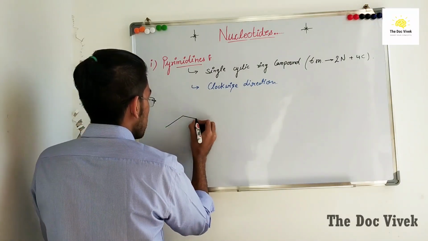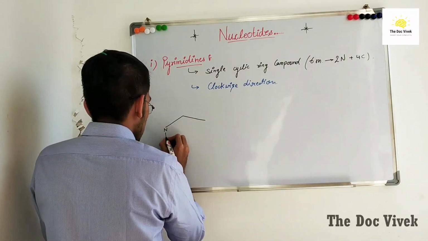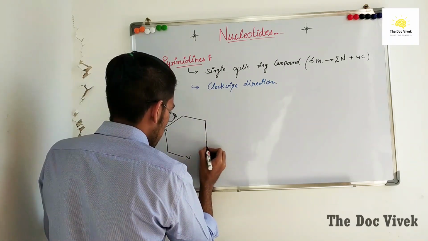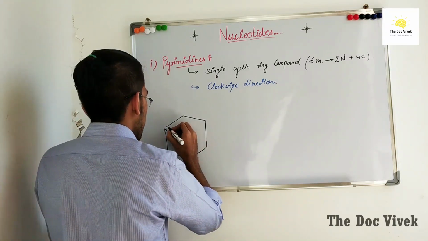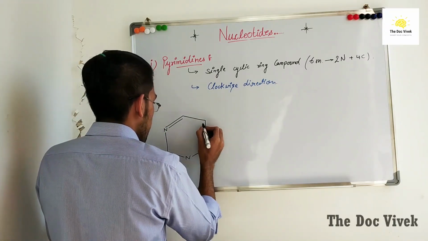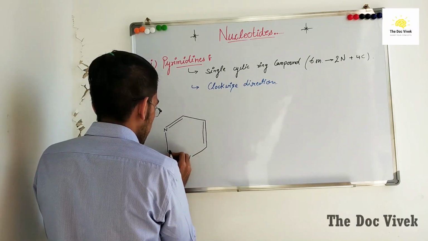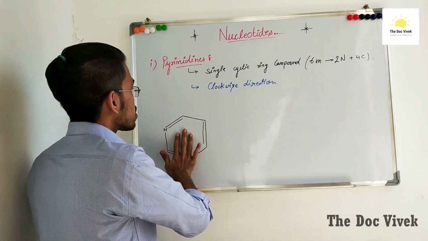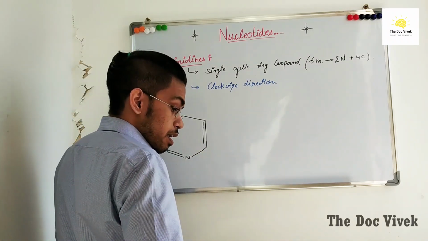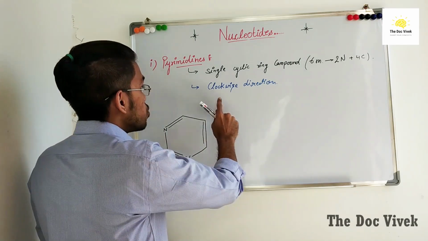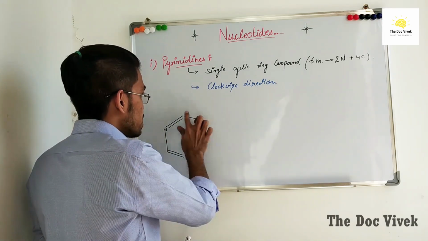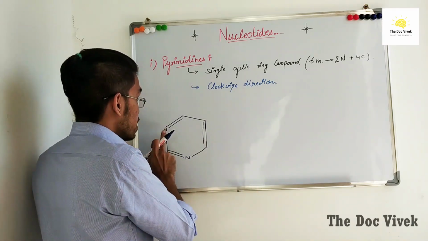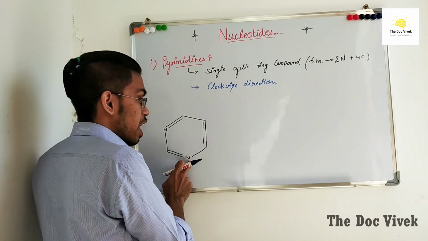This is the general structure for all pyrimidines. Now we will do numbering of all these atoms in clockwise direction, and the numbering starts from the nitrogen which is just downwards.